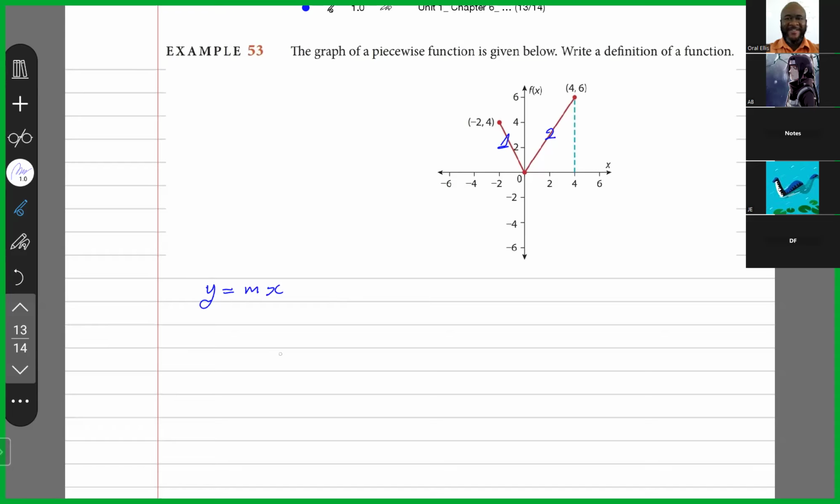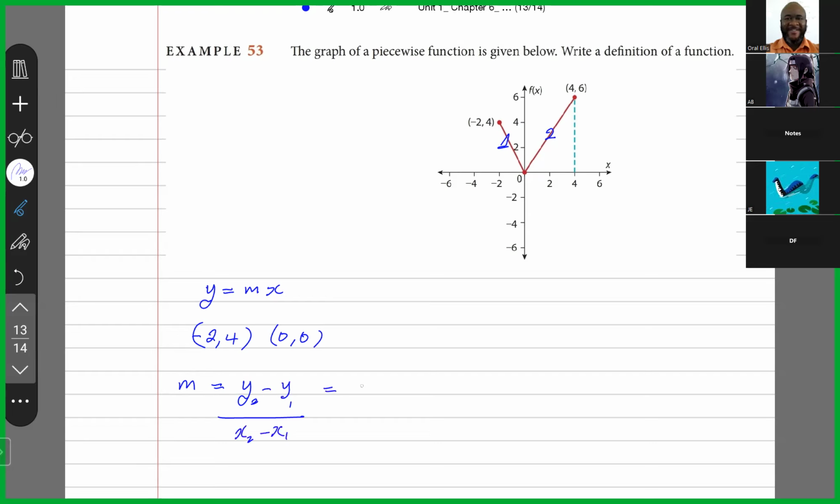All right, so for the first half of the graph, I have 2 points, -2, 4, and 0, 0. M, the gradient, is equal to what? y2 minus y1 over x2 minus x1.